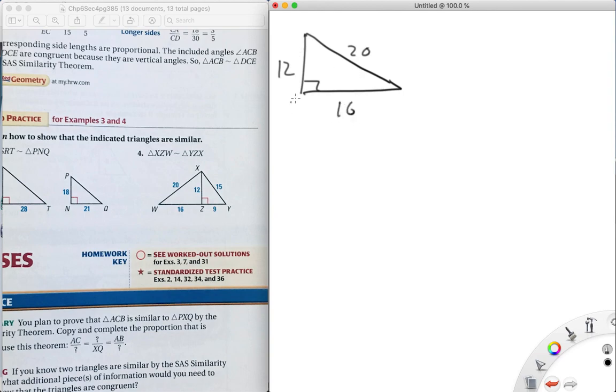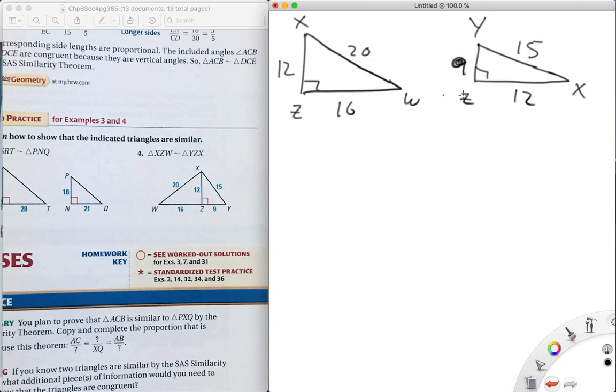So W, Z, and X. Alright, for my smaller triangle. Okay. This is my smallest side. This is my longest side, and this is my medium side. So that's going to be Y, X, Z.